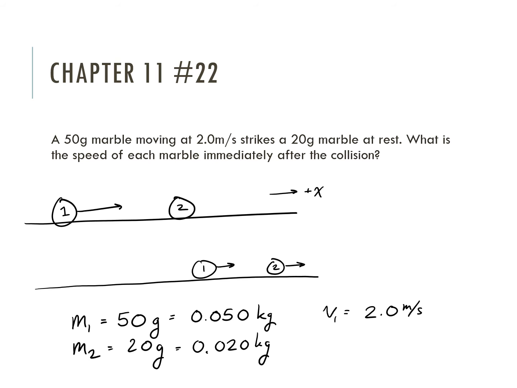When I'm going to set up this equation, I don't know the final velocity value of either of my two marbles. However, I know the initial value for 1 and I know the masses, so I'm going to be able to use those equations that are derived from the conservation of momentum and from the conservation of kinetic energy and algebraically combined together.